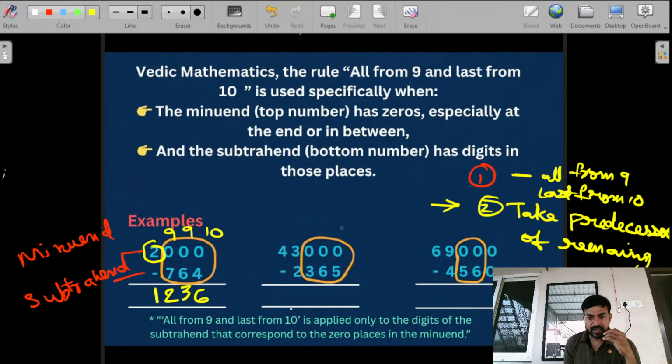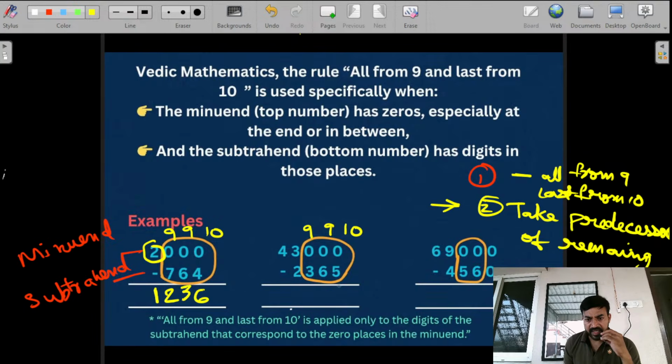In the same way here, all from 9, last from 10. The all from 9, last from 10 concept has to be applied only in this region where you find zeros in the minuend and non-zeros in the subtrahend.